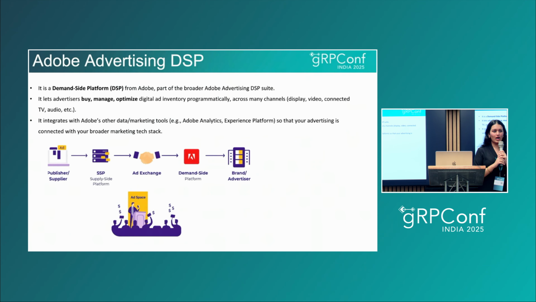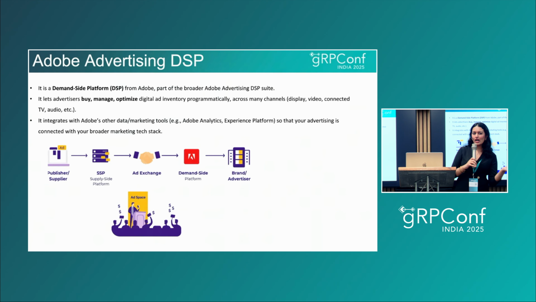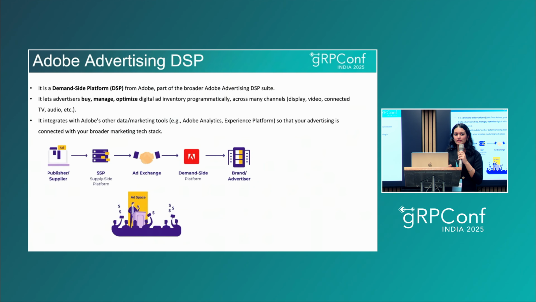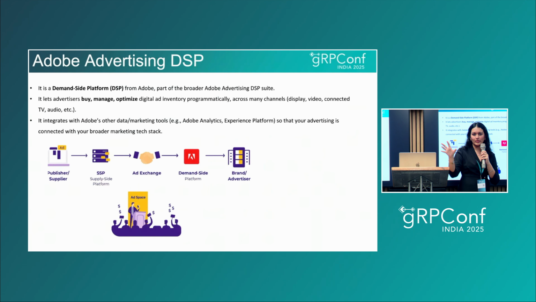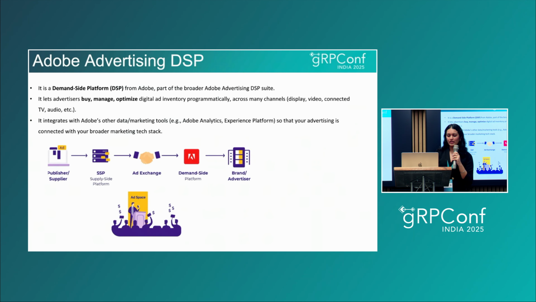I would like to ask a simple question from every one of you. You must have seen advertisements on various websites. So let's say the Times of India, at the top and at the right of the website, you must be seeing some ads.